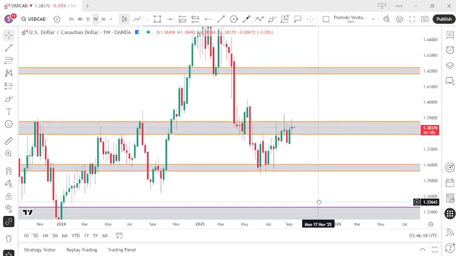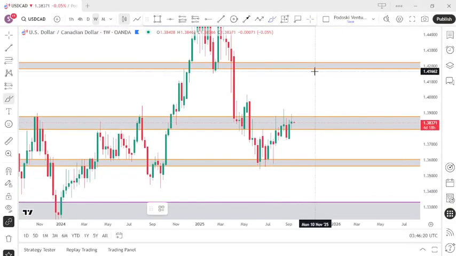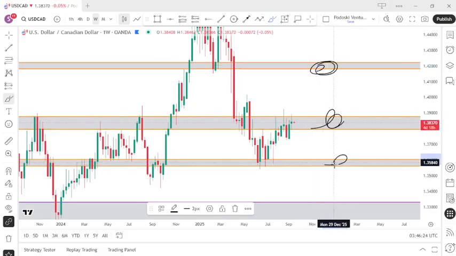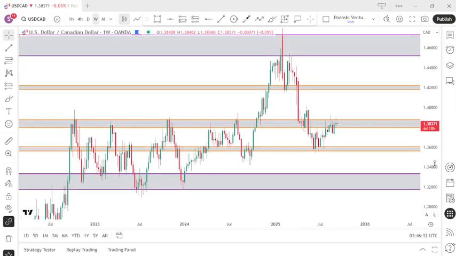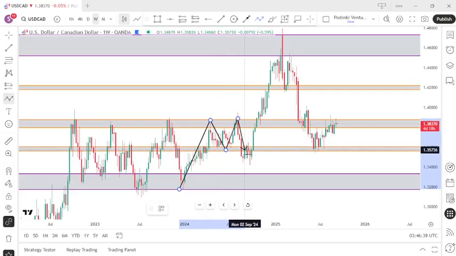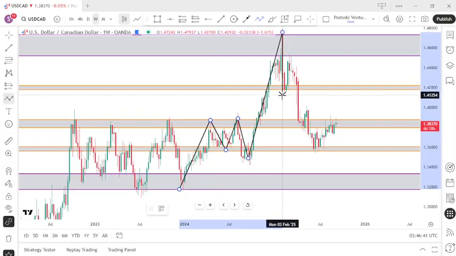Here we are on the weekly time frame. I have my weekly upper zone here, midway zone here, and my weekly lower zone here. When I said on the monthly that price is moving to the downside, this is what I mean. Previously price was creating a series of higher highs and higher lows.